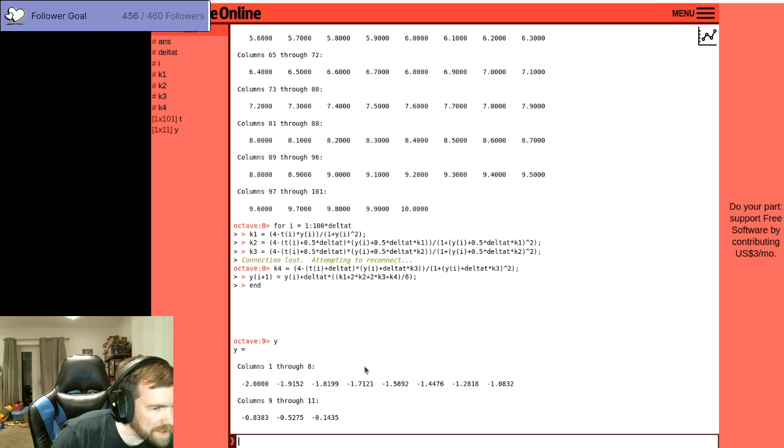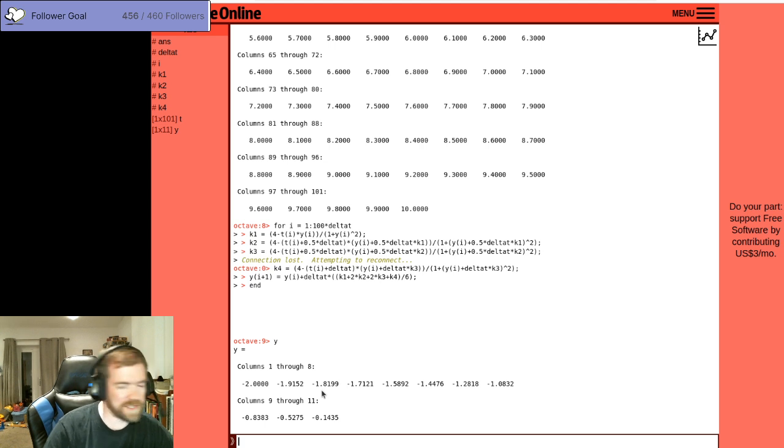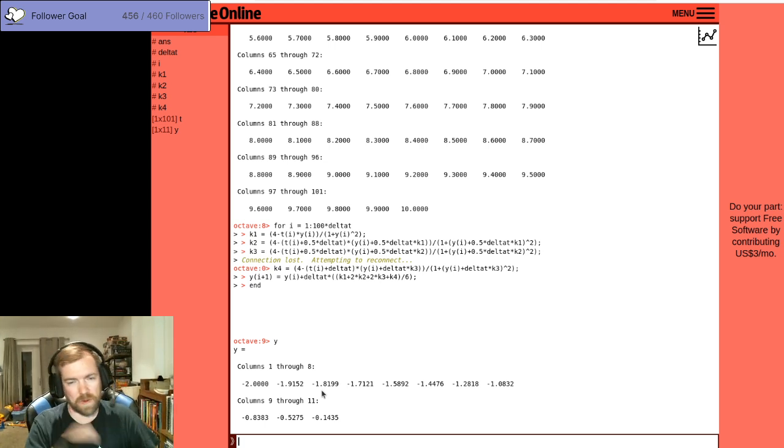So I got -1.91522. Looks good. And -1.8205. So that's a bit off, but that's probably also a hand calculation error, because I did it by hand in my notes.